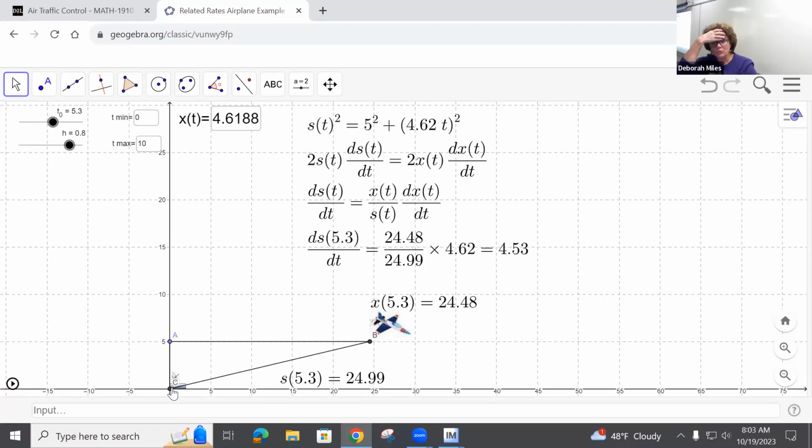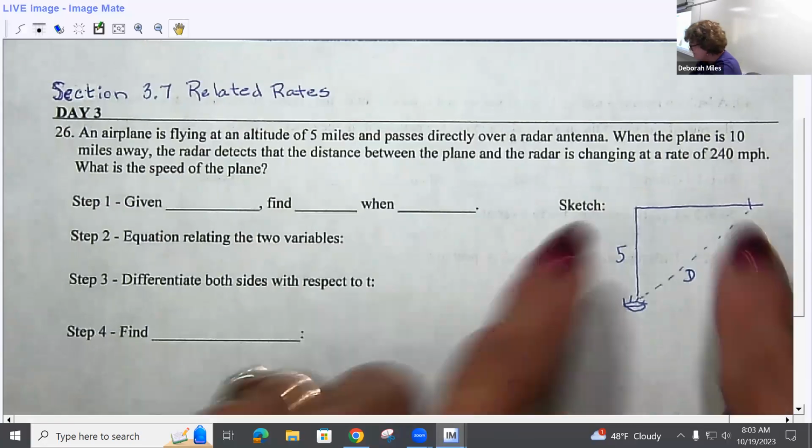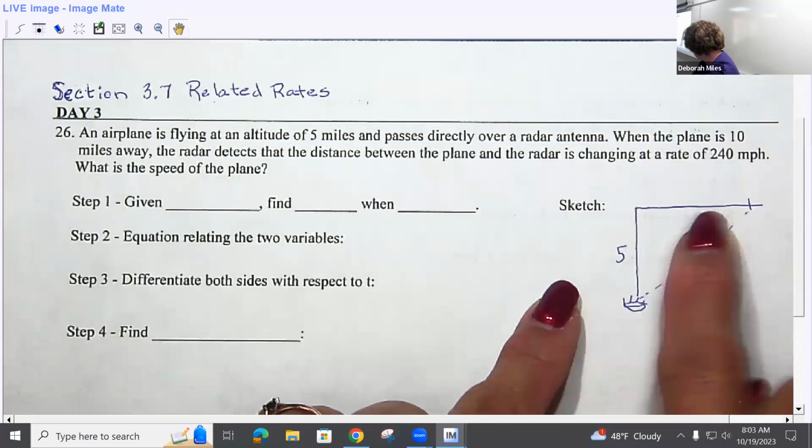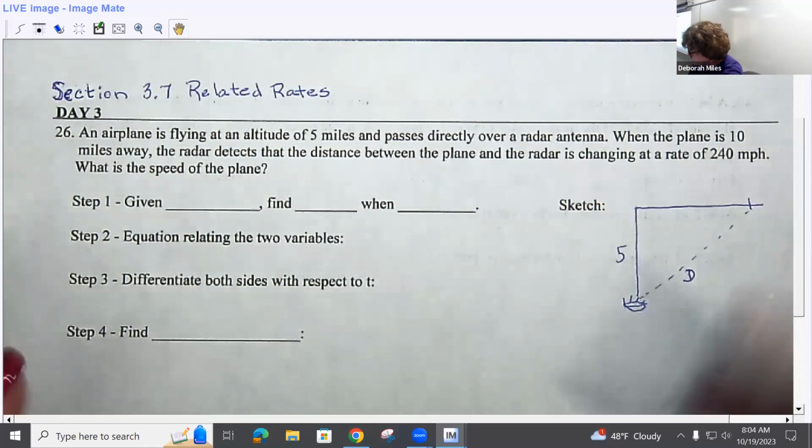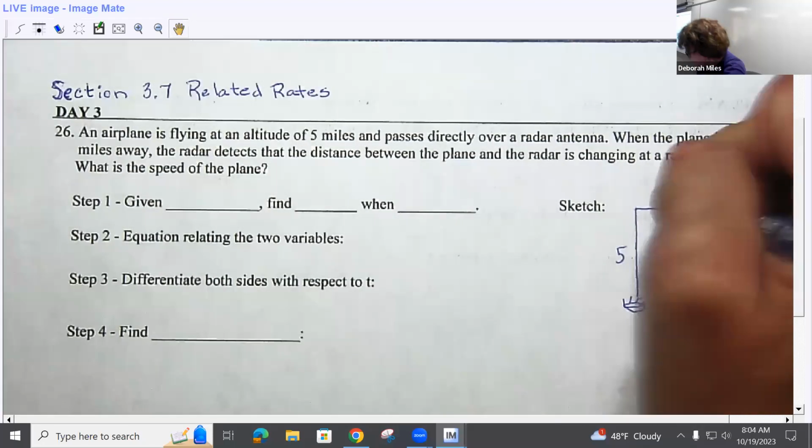But what on that picture would have anything to do with the speed of the plane? It's the horizontal speed. It's how fast it's flying this way. We need a variable for this horizontal distance, and that differentiated with respect to time, dx over dt, that'll be the plane speed. So let's let x be this horizontal distance.